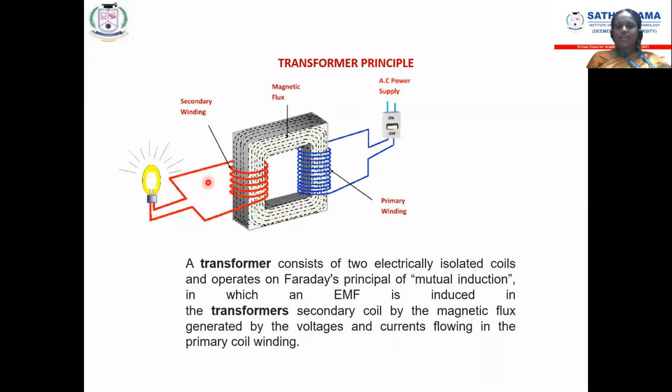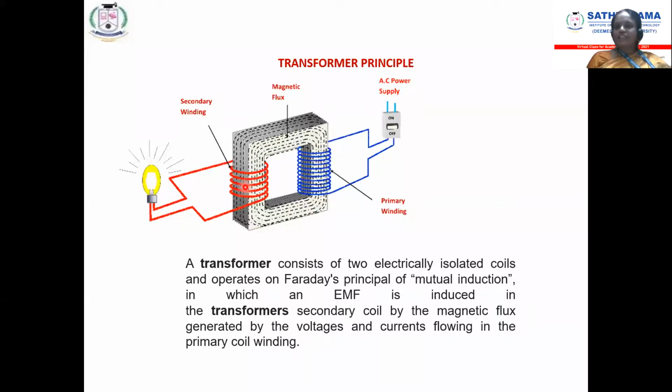Here also, without an electric field, I'm not stepping up or stepping down the voltage. Definitely I need a magnetic field. Even though the coils are separated, they are magnetically coupled, so my voltage will be given to the secondary winding.